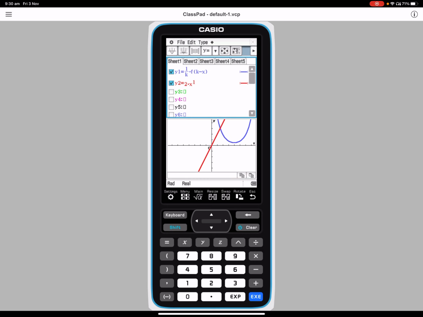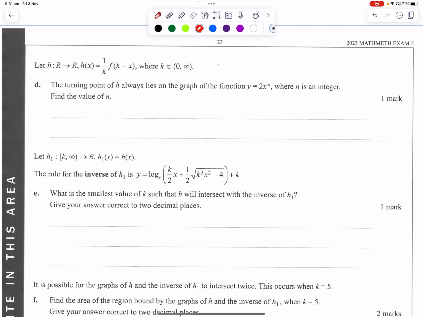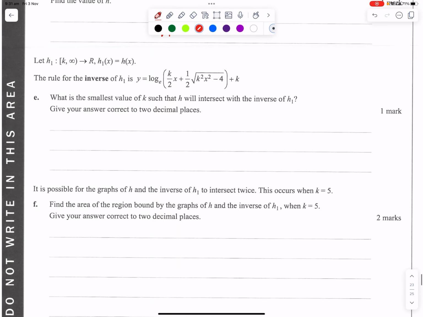So it only lies on it if I change the value of k. You can see it only lies on it when n is -1. I don't know how they expect you to find that out, but I just did it through trial and error.